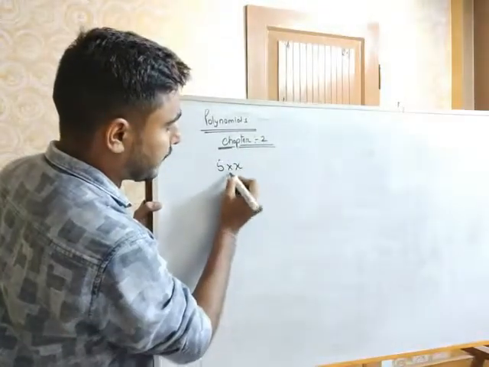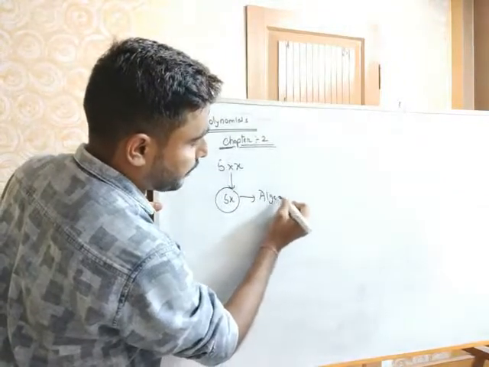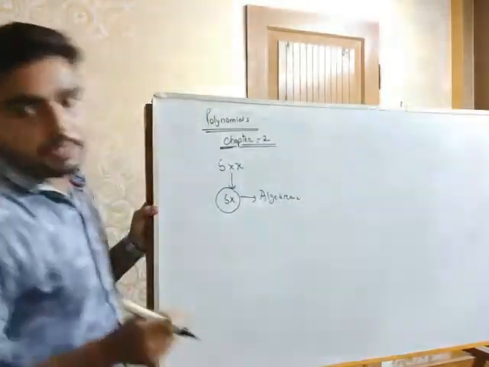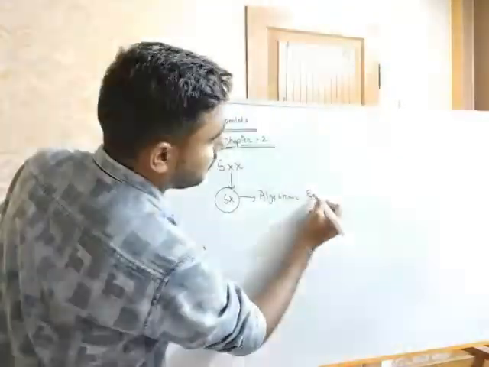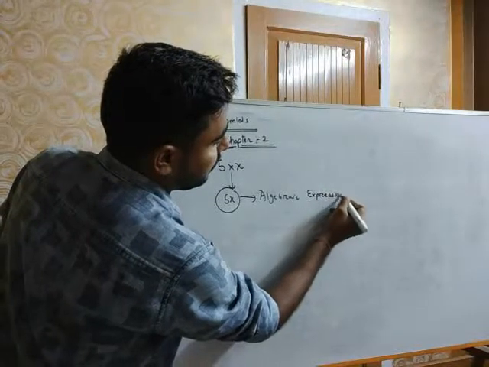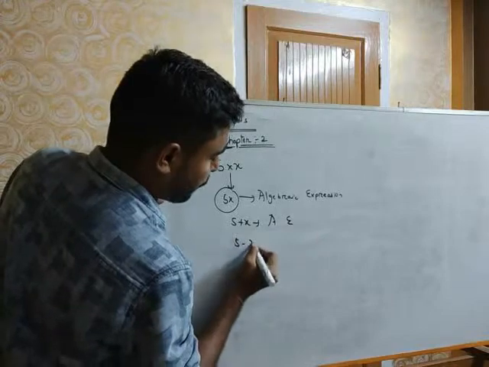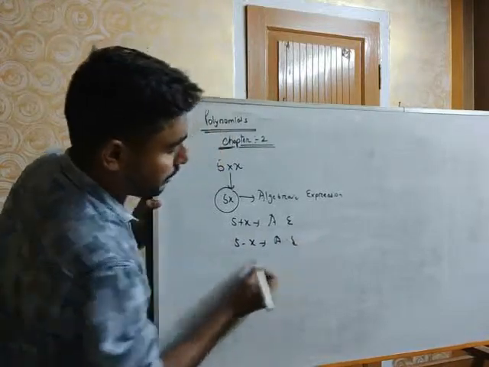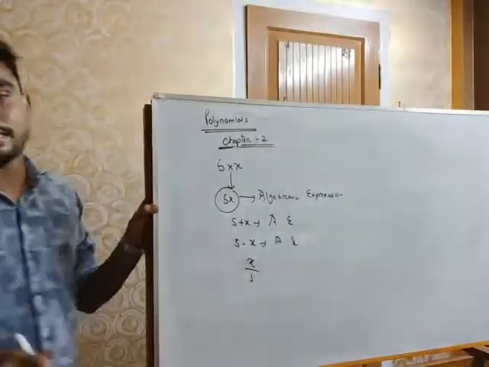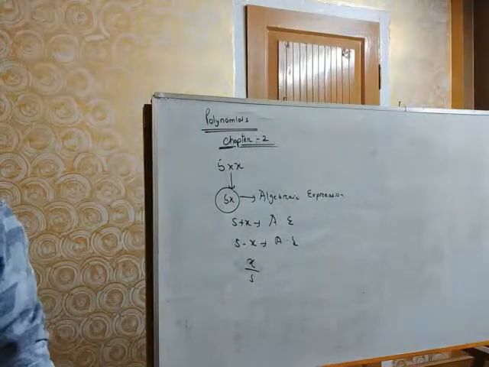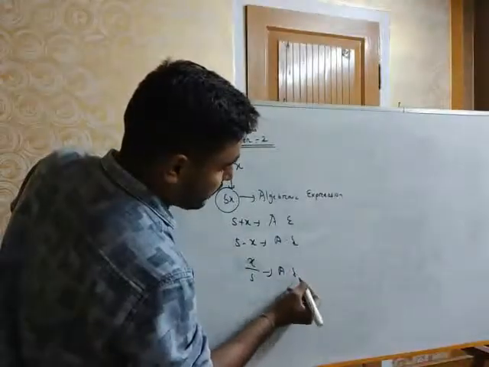Like 5 multiplied by x, this is 5x. This is an algebraic expression. Something multiplied with 5 is an algebraic expression. Then 5 plus x is again an algebraic expression. 5 minus x is again an algebraic expression. We won't write 5 by x, because the power of x will be negative in that case, so it will be x divided by 5, which is again an algebraic expression.